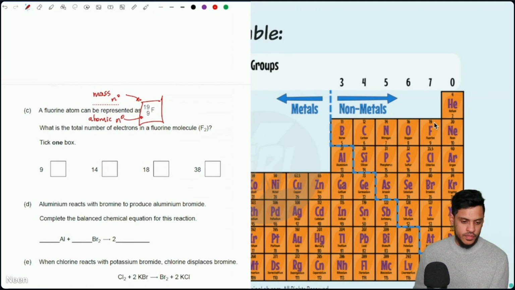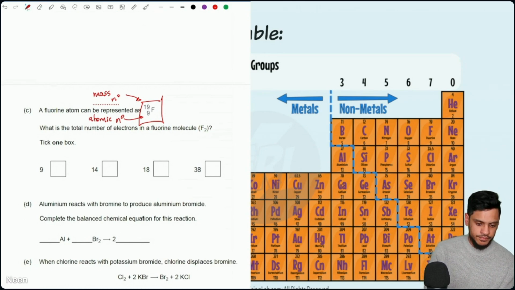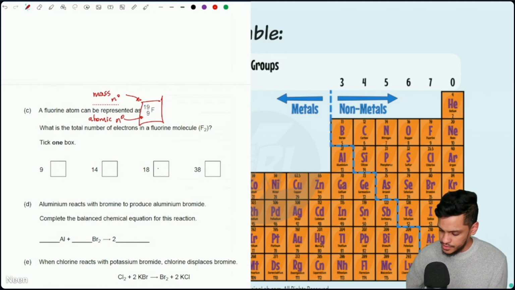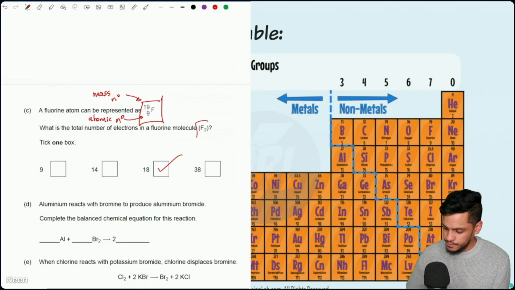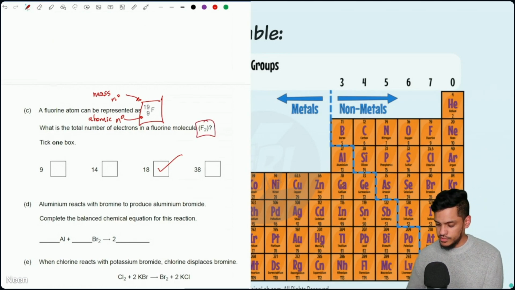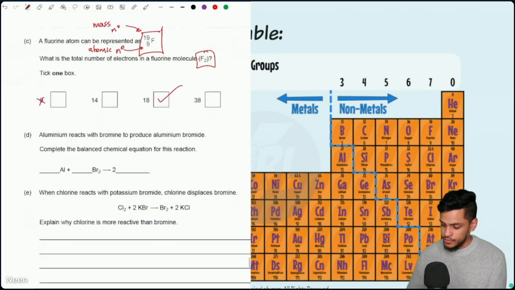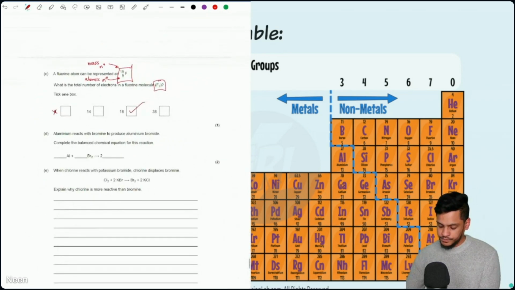What is the total number of electrons? Yep, answer's 18. There's 9 from each one. Because it's F2, you got to times it by 2. Do not write 9. That's only one atom will have 9 electrons in it.